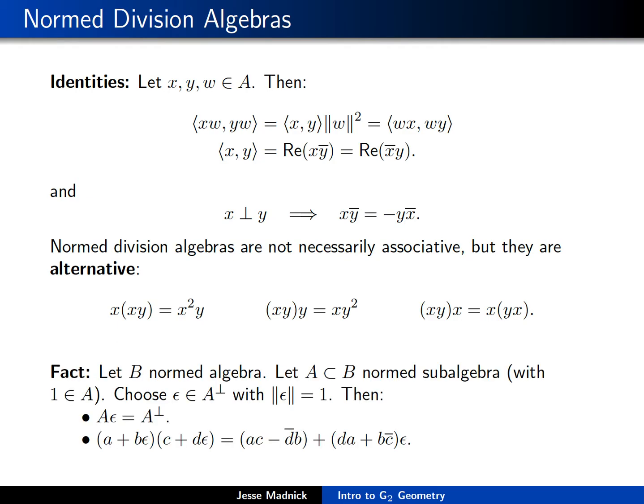Okay. So what we'd like to do is start with a norm division algebra and generate new norm division algebras, a larger one. And the inspiration for doing this comes from the following fact.